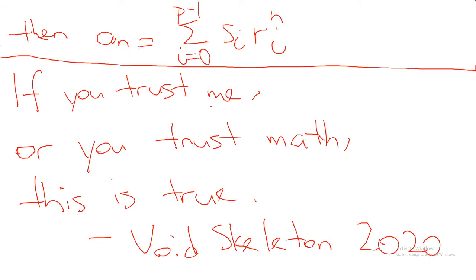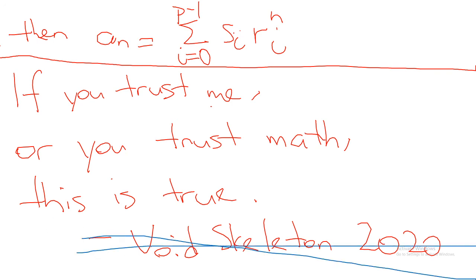Then we can get the generating function for an. An is the sum of si times ri to the nth power summed up from i equals 0 to p minus 1. If you trust me, or you trust math, this is true.